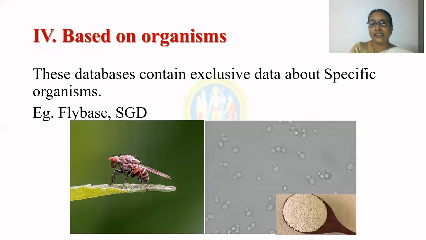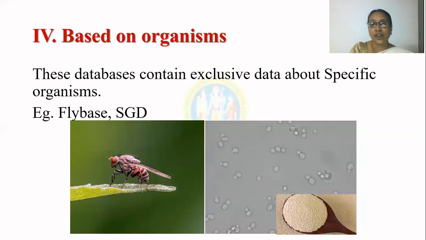The next category of the databases is based on the organisms. These databases contain exclusive data about specific organisms. Example is Flybase. The second one is SGD. SGD can be expanded as Saccharomyces genome database.